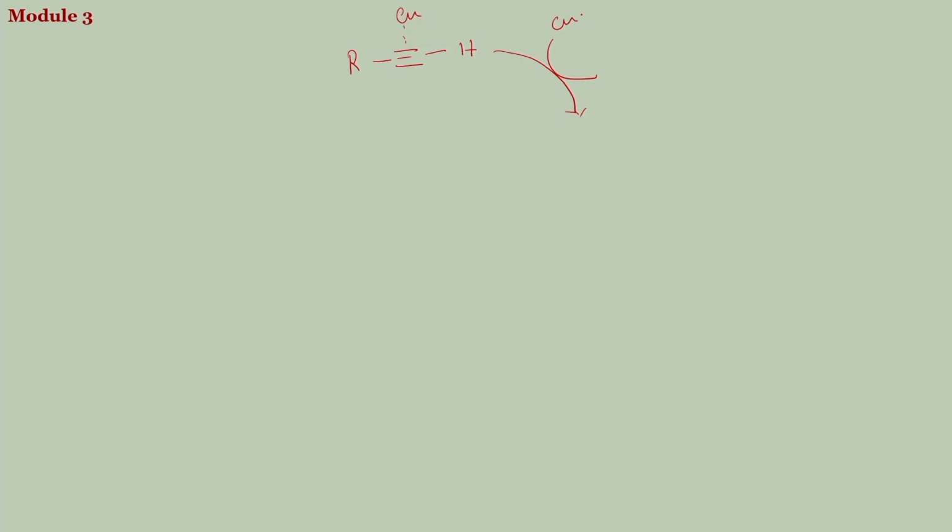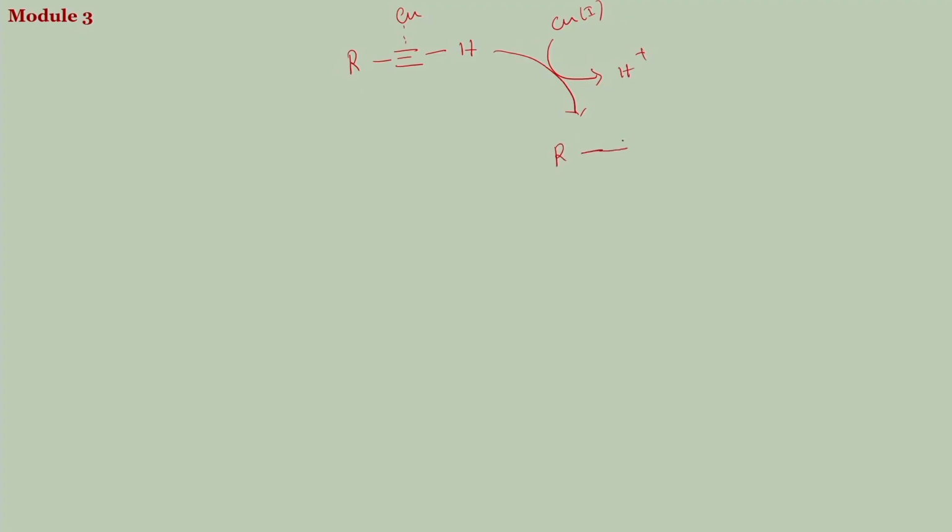So, this is copper 1. I will not write copper 1 again, I will just simply write copper, which means copper 1. Copper comes in, first binds with the pi electron, then it eliminates a proton and takes the place of the proton.